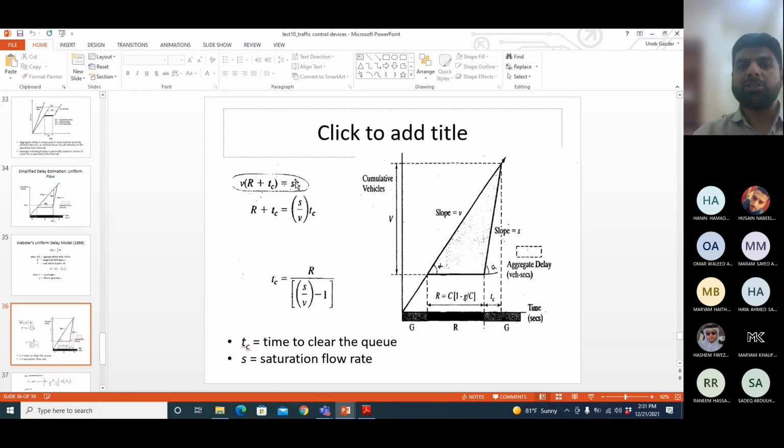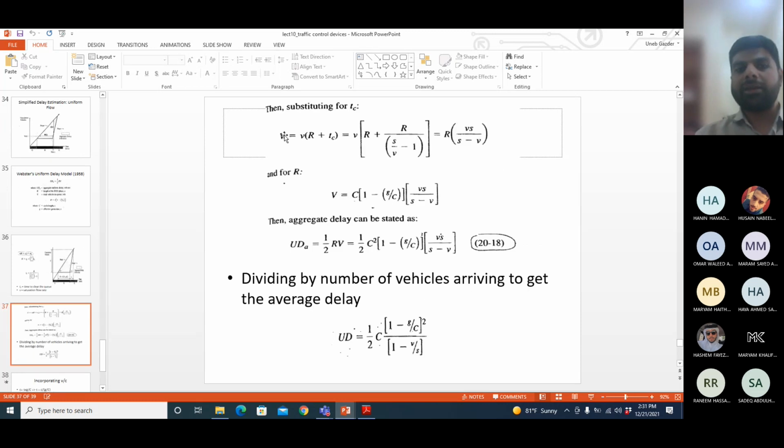From this equation, I can calculate the value of TC. Now TC will be put back in the equation of capital V, the number of vehicles which joined the queue. We said it can be equal to v into R plus TC using the arrival flow rate.